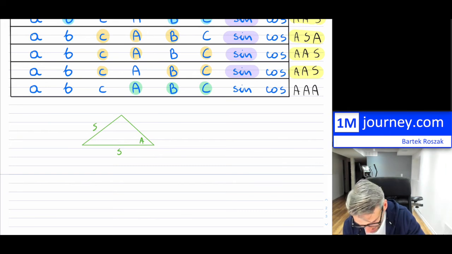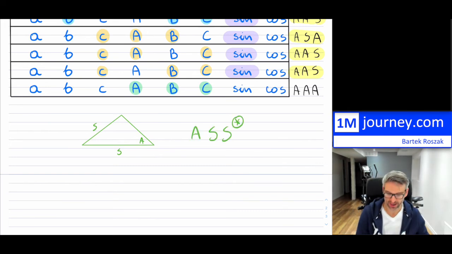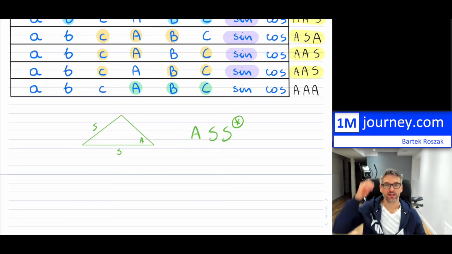So that one case, and I like to give that abbreviation of ASS, may lead to the ambiguous case, where you may possibly have two triangles. Now, if the angle is obtuse, then you have a unique triangle. If the angle is acute, it may lead you to two different types of triangles.